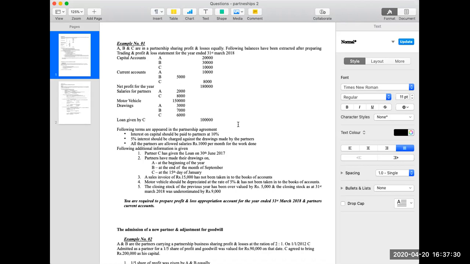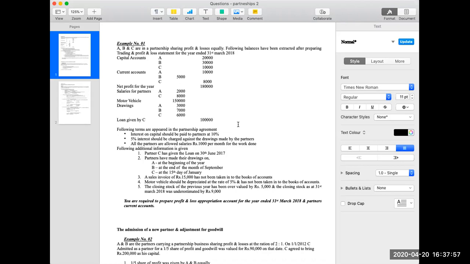Go to workings. Now, you have done certain adjustments to 180,000. Deduct this amount as well. Interest on loan, 5,000 also has to be deducted. Then you will get another figure, not the one you calculated earlier. The correct one, you take it as the opening balance in P&L appropriation account.